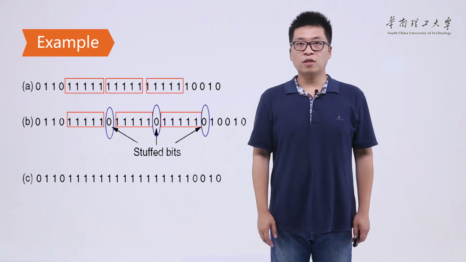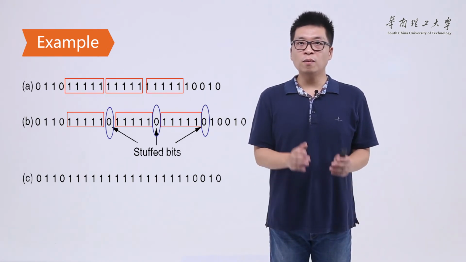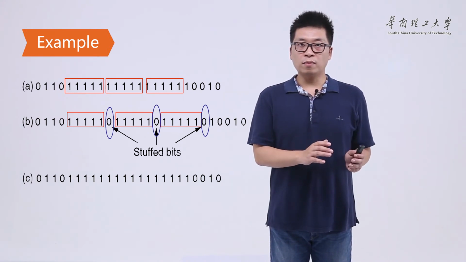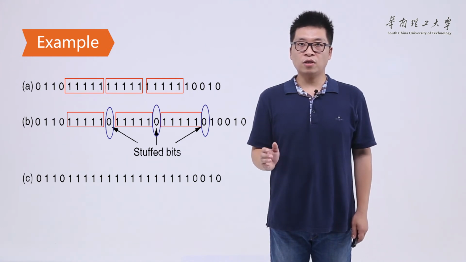So here is an example. In this example, in the payload data field, we have 15 ones. So when the sender sends out this bit stream, the sender will automatically insert a 0 after 5 consecutive ones.